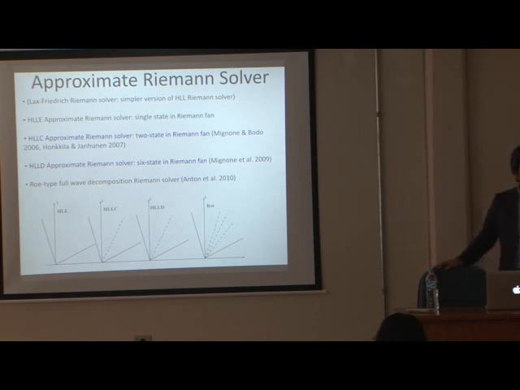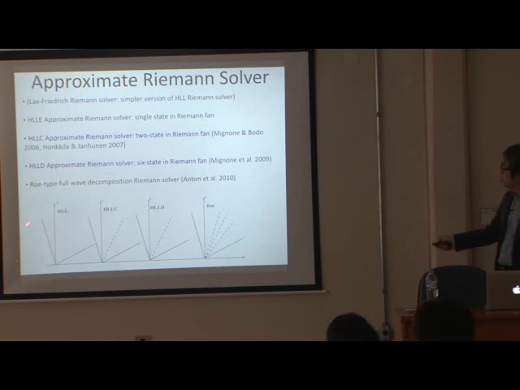What is the Riemann fan? It is the characteristic information: how many states are included within the two characteristic speeds, like the fast speed in the MHD case.